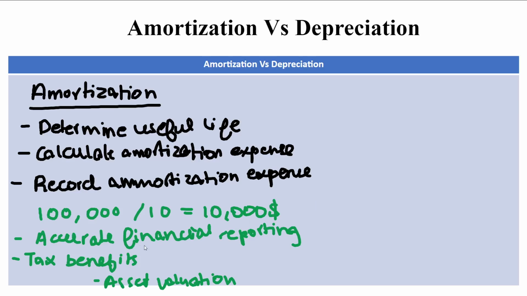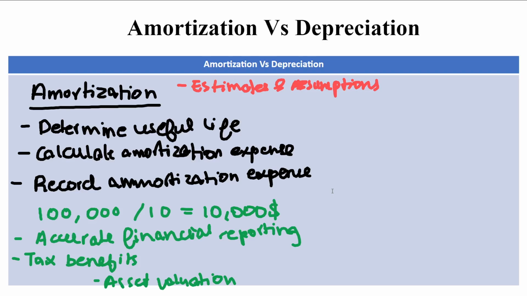So that was it for the pros. Now let's look at the cons. The first con that we have is estimates and assumptions. Determining the useful life of intangible assets can be subjective and subject to change because you're obviously not sure of what the useful life is going to be.